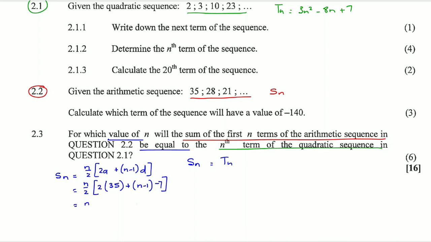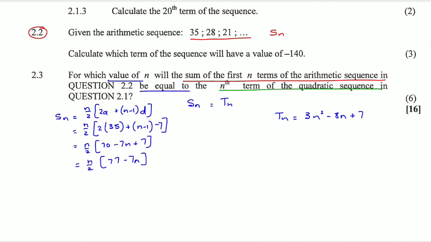That's equal to n over 2 times 70 minus 7n plus 7, which is n over 2 times 77 minus 7n. And the formula for the nth term of the quadratic sequence is term n equals 3n squared minus 8n plus 7. Now we'll move the page up to give us some more space to work.